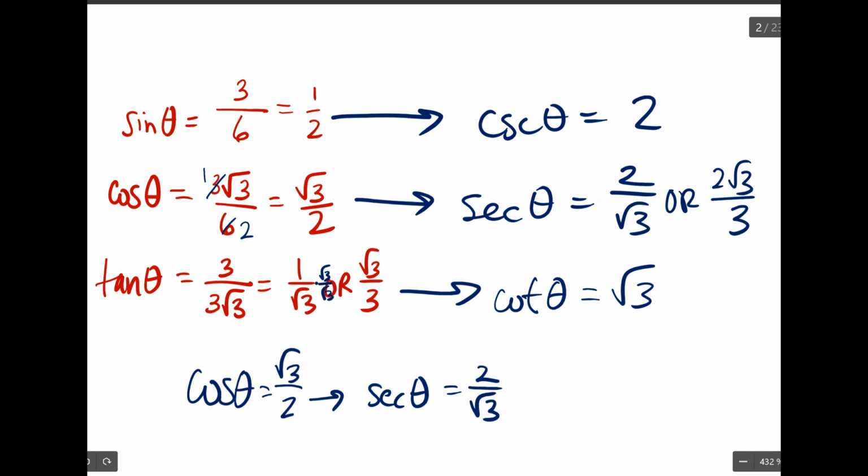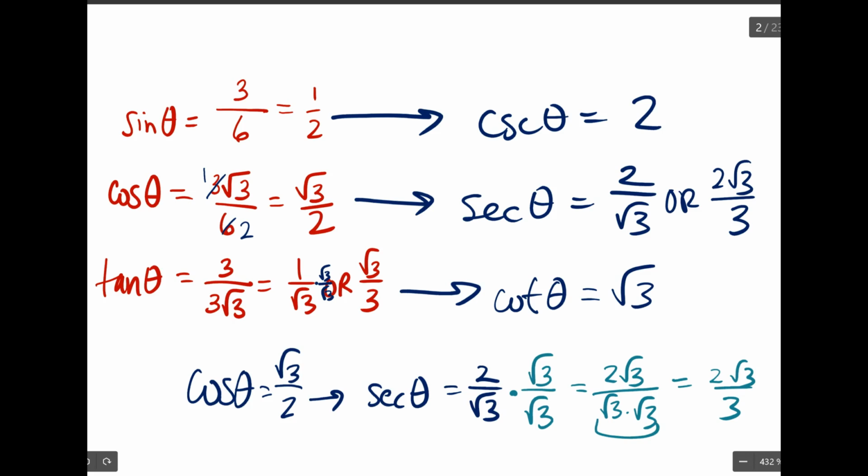Some teachers are super picky on having a radical in the bottom. So if I want to get rid of the radical, I can multiply by 1. It's a clever form of 1. So I'm going to multiply by √3/√3, because then I have 2 times √3 over √3 times √3. What is √3 times √3? 3. Okay.